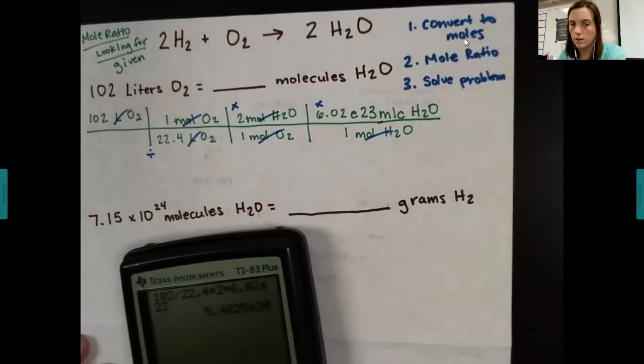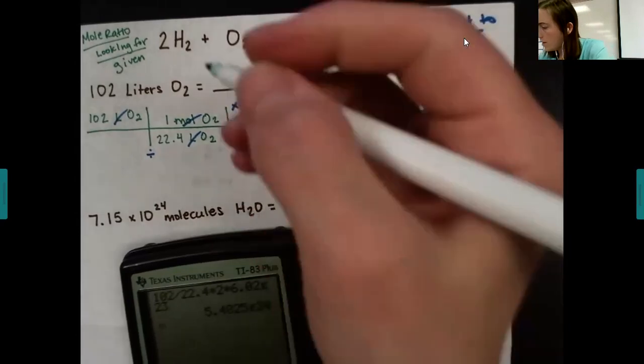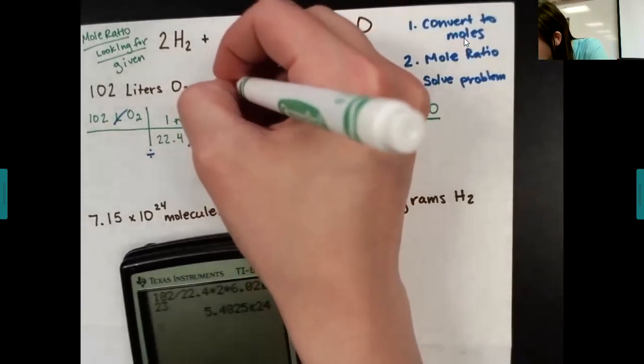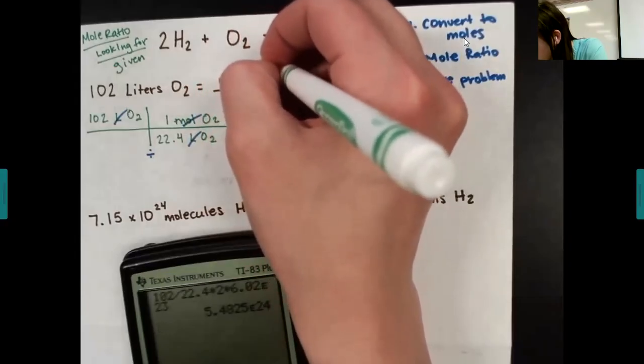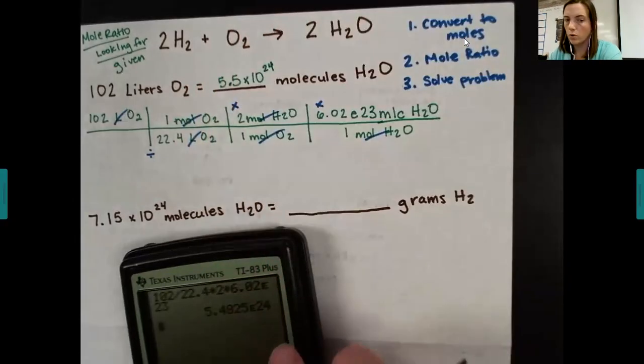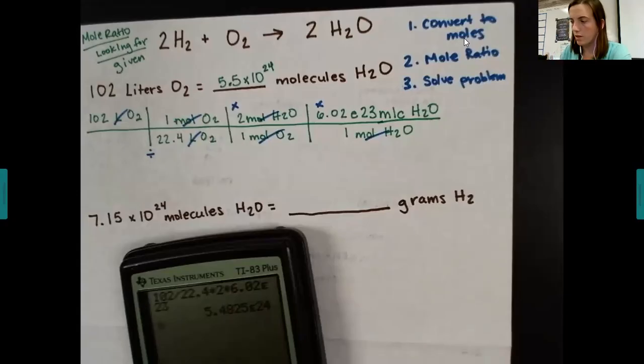All right, so I get, we'll say, 5.5 times 10 to the 24th. Because remember, if it says E24, that means times 10 to the 24th.